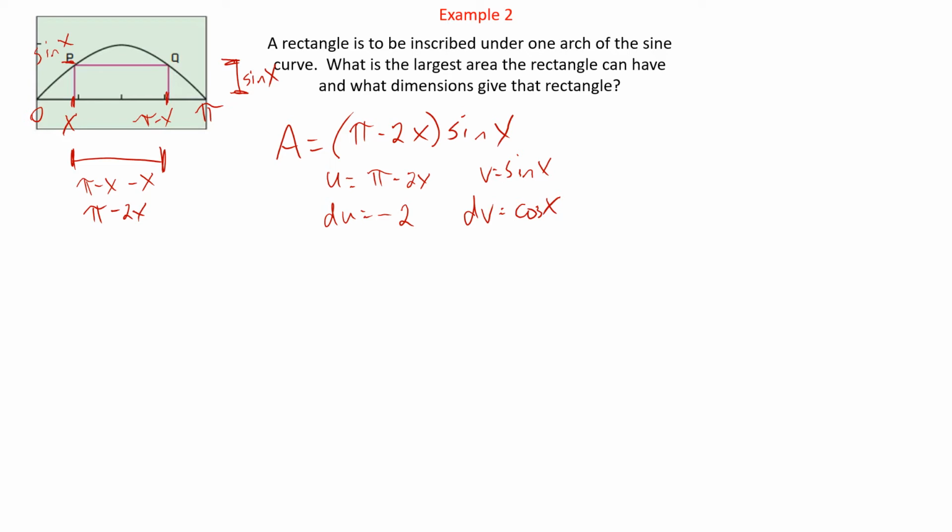So now the derivative of our area is going to be negative 2 sine x plus pi minus 2x times cosine x. We want it to equal 0.